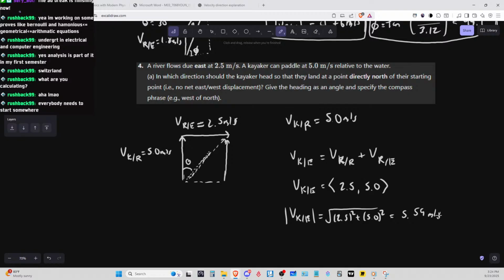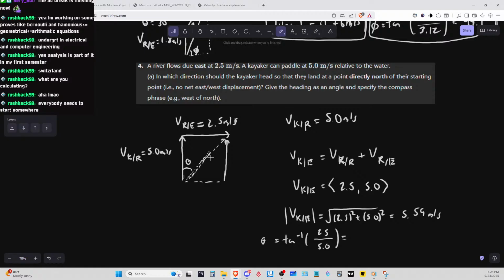And for this angle, if we do arc tangent, because what we mainly want to do is get back up here. And these two angles would be equivalent to each other.